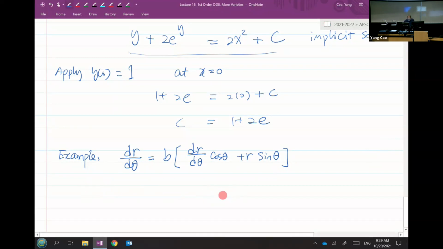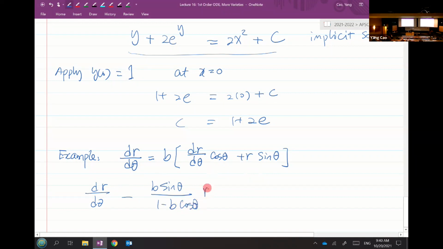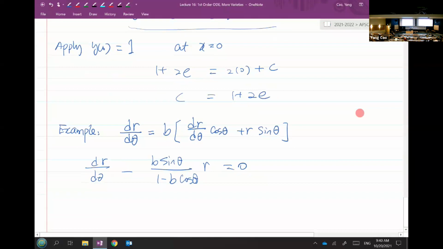Okay, so you already identified it. If I write dr over d theta according to the standard format of the first order linear ODE, what I would get is dr over d theta minus b sine theta over 1 minus b cosine theta, times r, equal to 0.